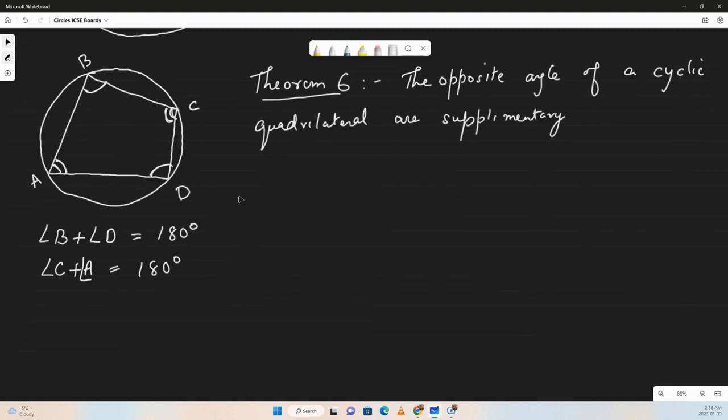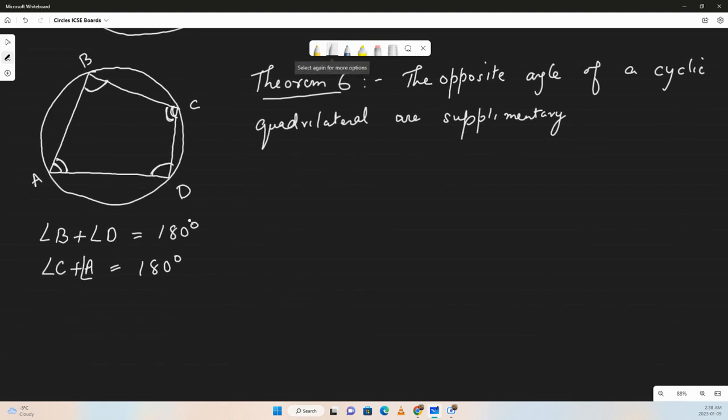Okay, and the next theorem is basically the converse of this theorem. So what does it say? If a pair of opposite angles of a quadrilateral are supplementary, then the quadrilateral is cyclic. So basically just the reverse of this theorem. So let's write it down. Theorem 7. And what does theorem 7 say?